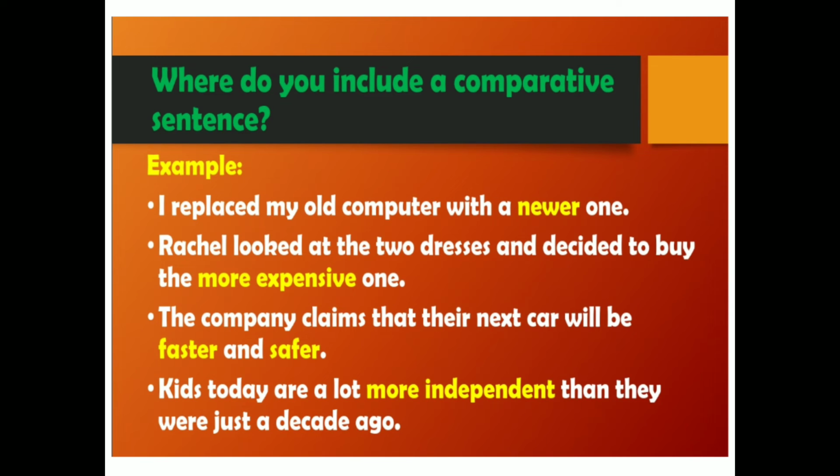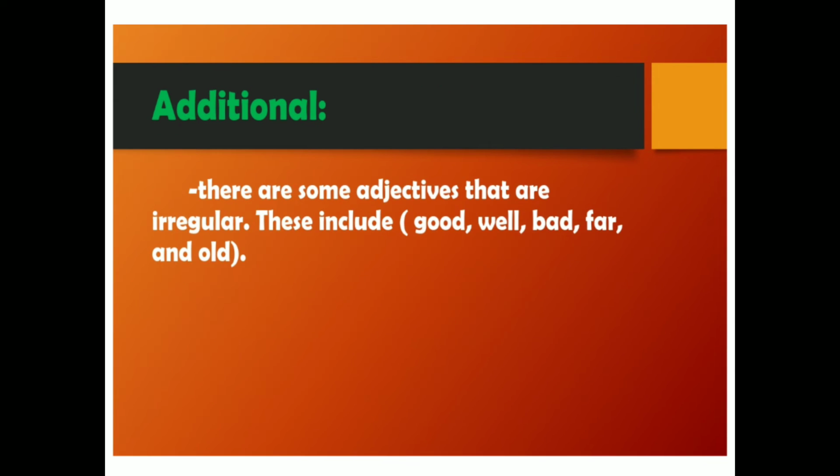So, ang additional nga comparative adjectives are good, well, bad, far, and old. So, good and well, better na siya. And ang bad, worse. The word badder is sometimes used as a slang or non-standard comparative form of bad.